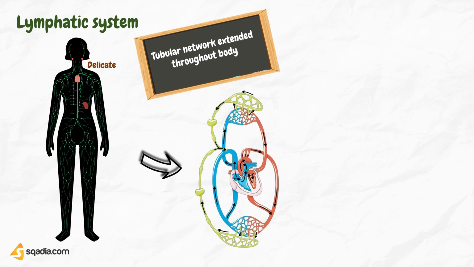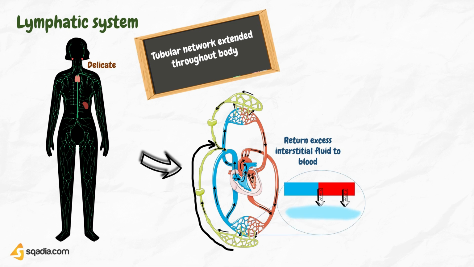Along with many other functions, the main role of lymphatic vessels, or simply lymphatics, is to drain fluid from the tissues back to the bloodstream. That drained fluid is actually the one that has been filtered by the capillary exchange.